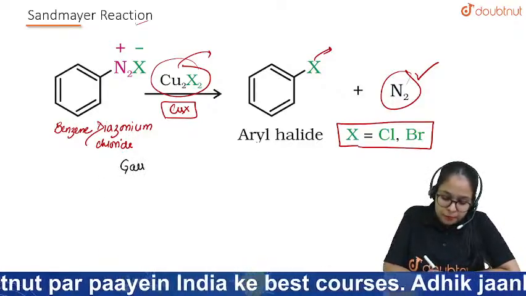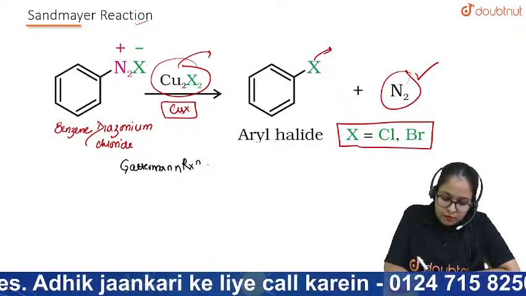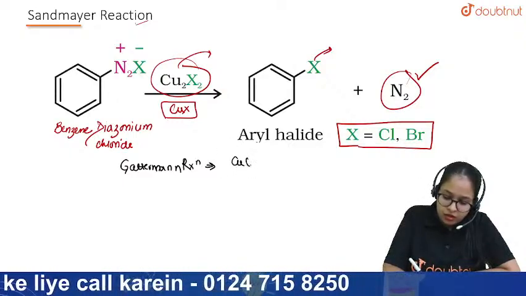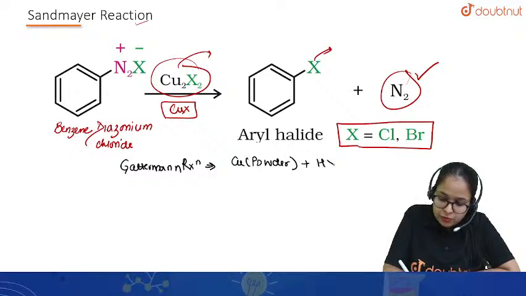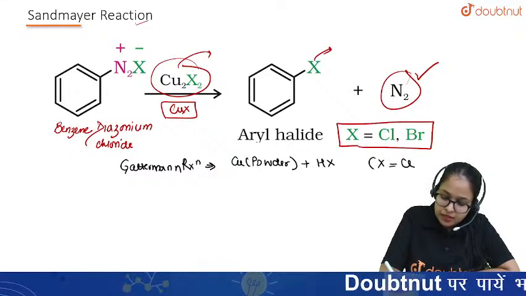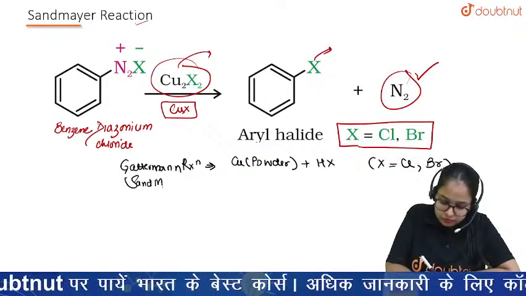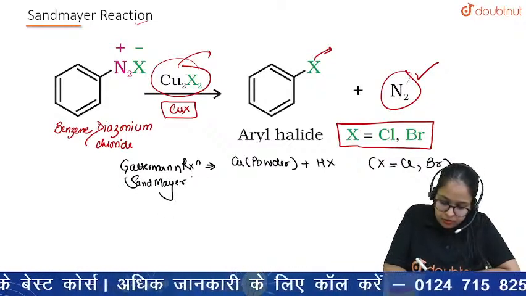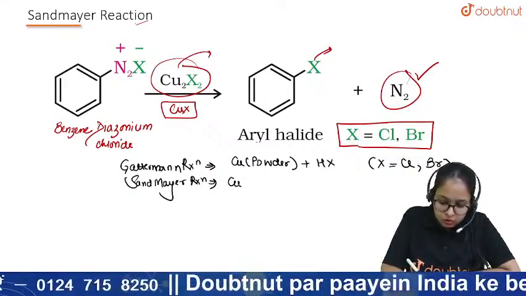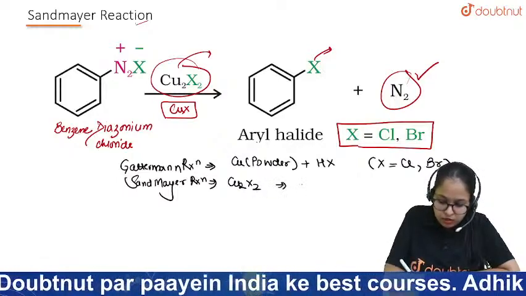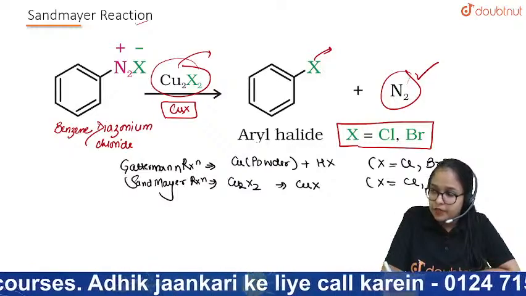If you remember, in the Gattermann reaction we used copper powder in presence of HX, where X were Cl and Br, whereas in the Sandmeyer reaction we treat benzene diazonium chloride with Cu2X2. If we take 2 common out, this is CuX only, where X again is Cl and Br, right?